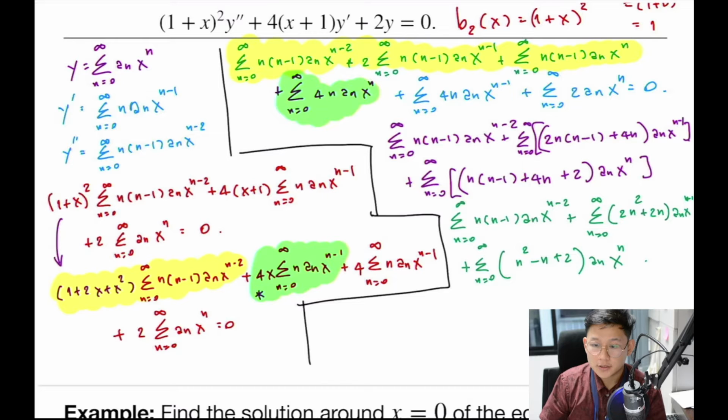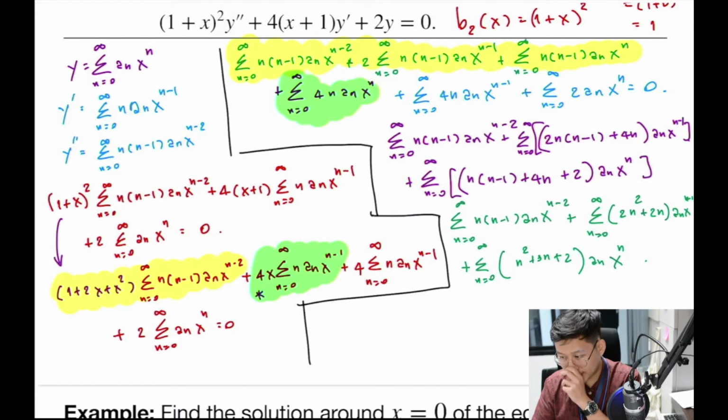My bad, sorry. And the next here, from here to here, that will be n squared minus n, right? And minus n plus 4n, that will be plus 3n. That will be plus 3n an x to the n.